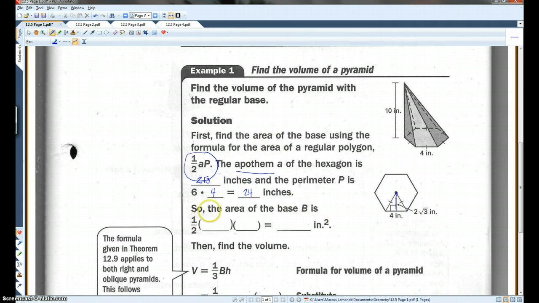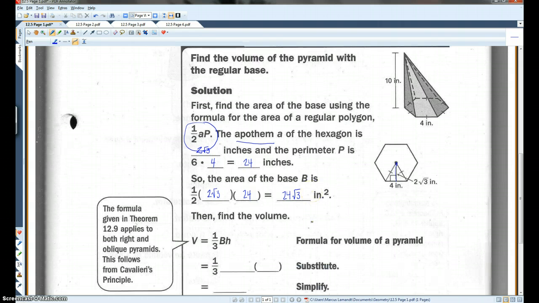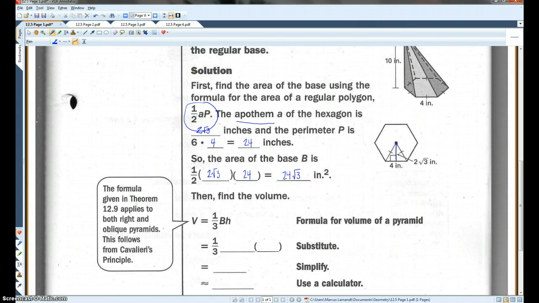So it's 1/2 A, which is 2√3, times 24. Now, half of 2 is just 1, so we're going to end up with 24√3 inches squared. That's the area of the base. So now we can just plug it in.